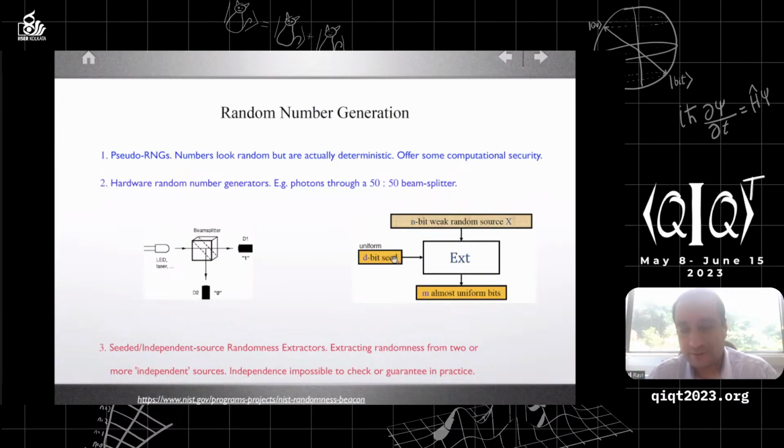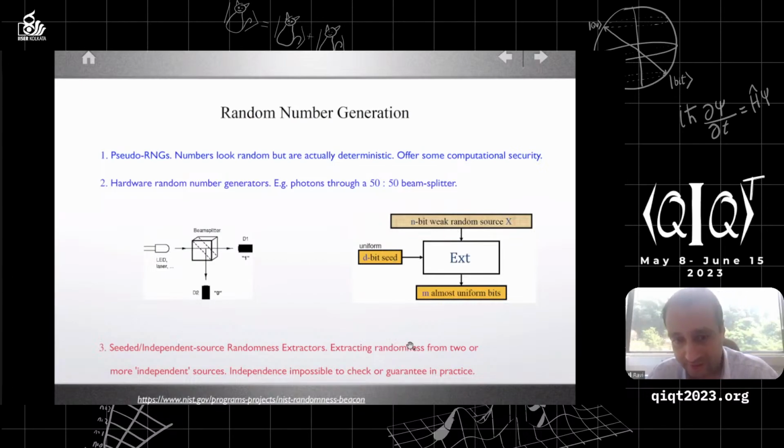If you have a seed that is a fully uniform, private d-bit seed, and you have another source of randomness, say from chaos or radioactivity or whatever other source, say even from a beam splitter, you apply an extractor, which is simply a function that works on these two inputs, the seed and the weak random source, and produces output bits that you can show are almost uniform, which means they are epsilon-close to uniform. But the caveat here in the classical setting is that this works only if the source and the seed are independent from each other.